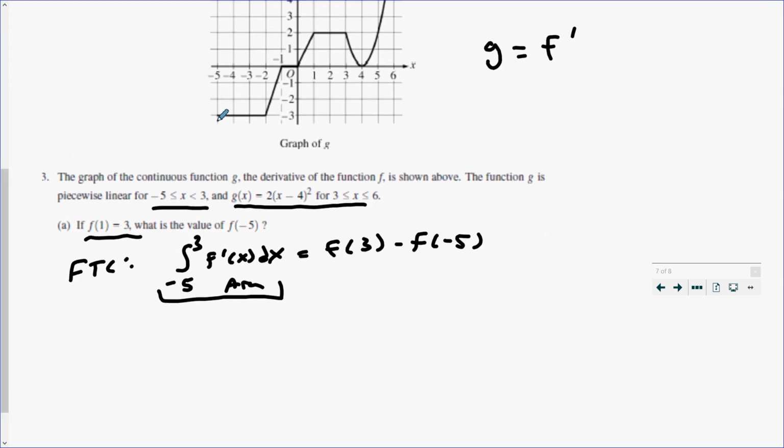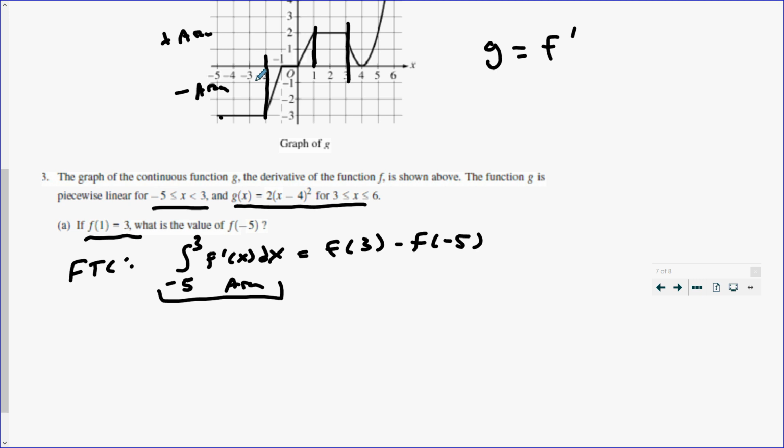So from -5 to 3, I'm looking for all of this area right here. So I'm going to break it down. I got a rectangle, I got a triangle, I got another triangle, and I got a rectangle again. Now be careful. Anything below the x-axis, don't forget, it's negative area. Anything above the x-axis is positive area.